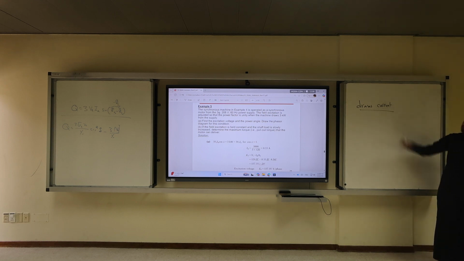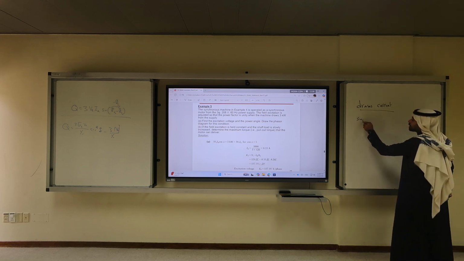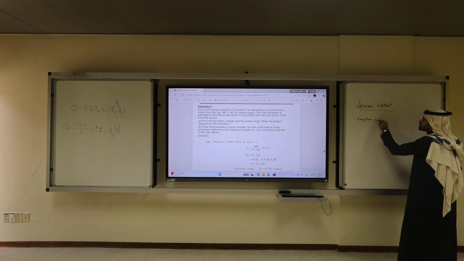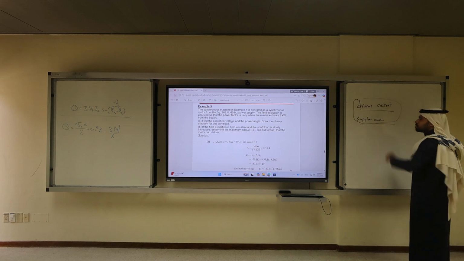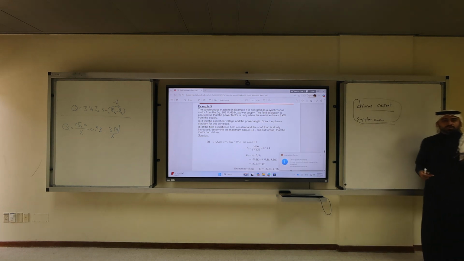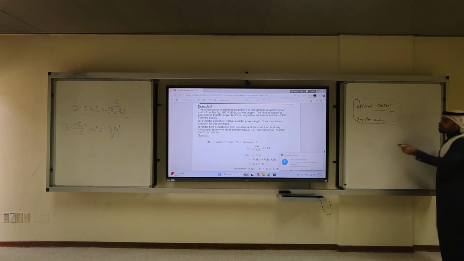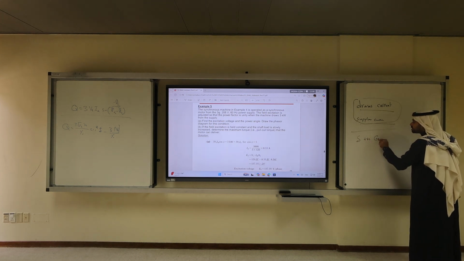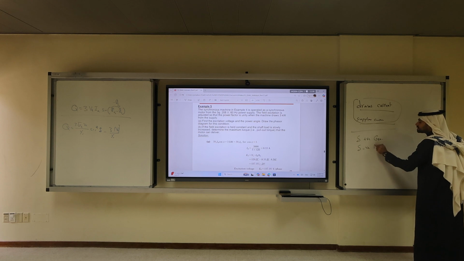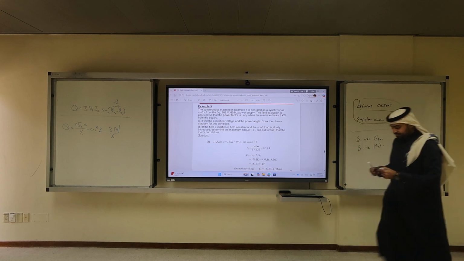Motor. If it says supplies current, what is this? Generator. So these are other variations to know whether it's a motor or generator. One last thing, if you get stuck: if delta is positive, that's a generator. Delta is negative, that's a motor.